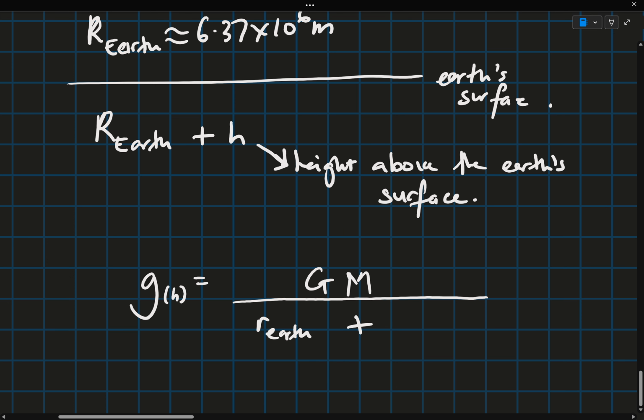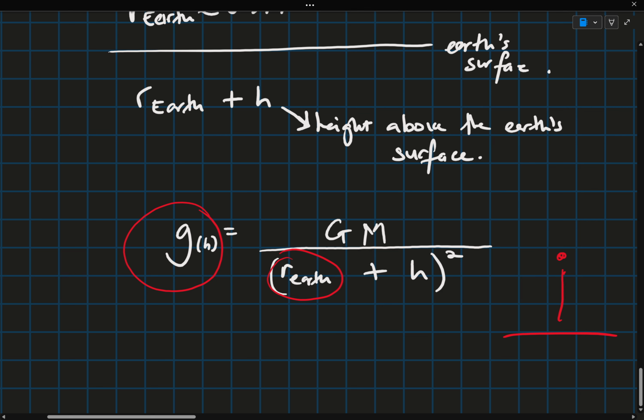If you are not at the surface but somewhere above the Earth's surface, we have to add that height h, and then we square that, and then we can use that to divide GM, and we should be able to get that there. So the relationship shows how the gravitational field strength decreases as the distance from the Earth increases.